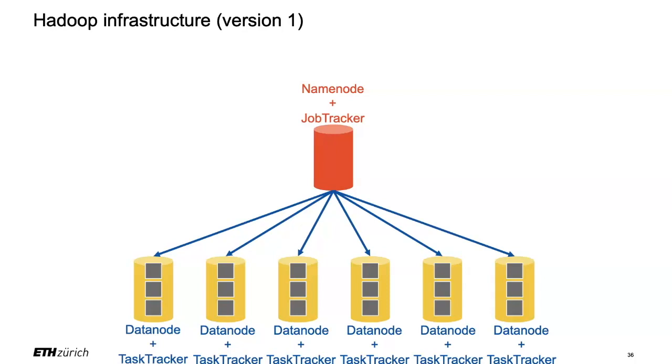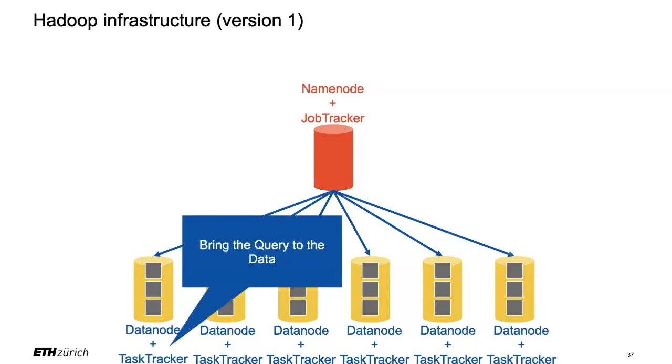This is the trick, and this is what makes MapReduce super powerful: when you do the mapping phase, the task tracker in charge of executing the map function is on the same machine as the data nodes, meaning the same machines as the HDFS blocks. The task tracker can directly read the blocks from the local drive because they are on the same machine.